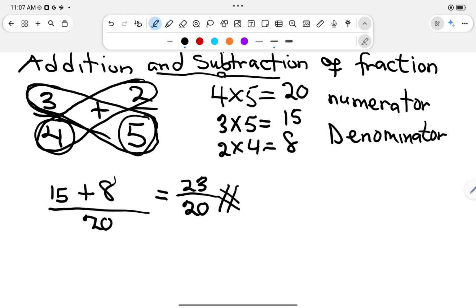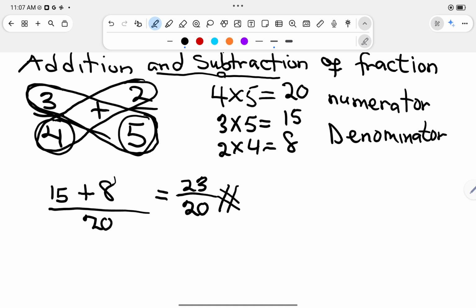We are going to see the simplification of this answer in our next video. Now, we did the addition of these two fractions. We are moving on to how to subtract two fractions with different denominators.